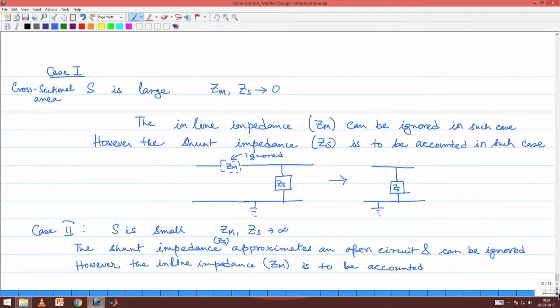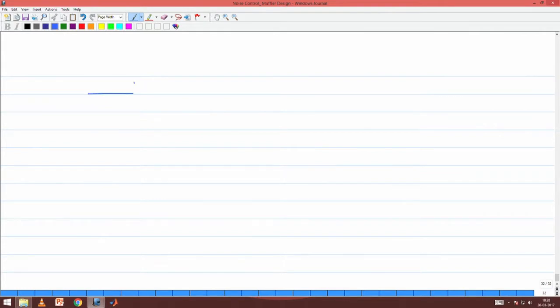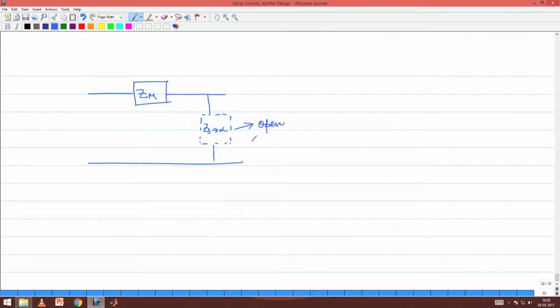So, compiling this once again, Zm is there, but Zs is virtually not there because it is large, right. So, this is approximately an open circuit. If it is an open circuit, you might as well choose to ignore it and just have the Zm inline impedance, that is it.